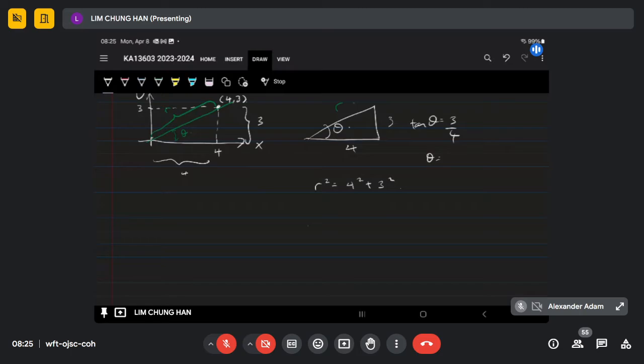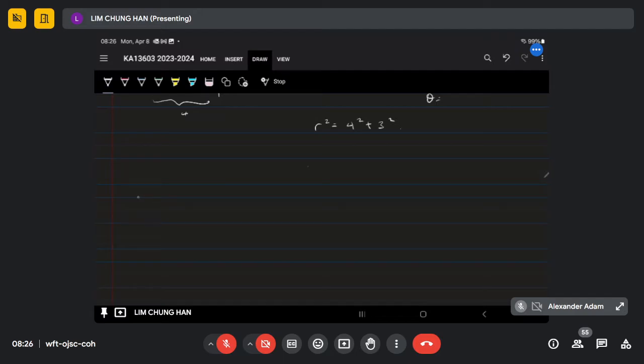The first rule is this: when you're measuring the angle, this is always 0 degrees or 360 degrees, and the positive direction is anti-clockwise.